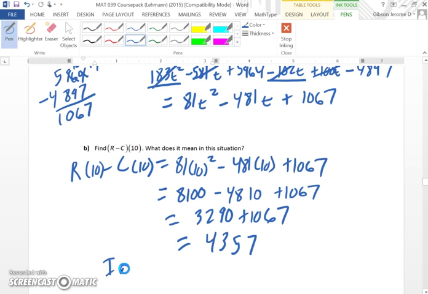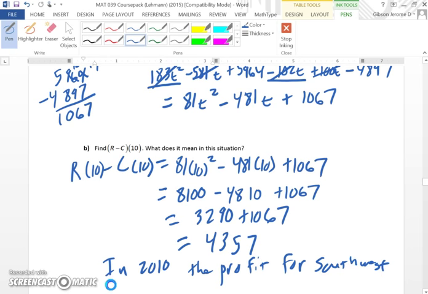It means that in 2010, the profit for Southwest Airlines was 4,357 million. That is it. Any questions?